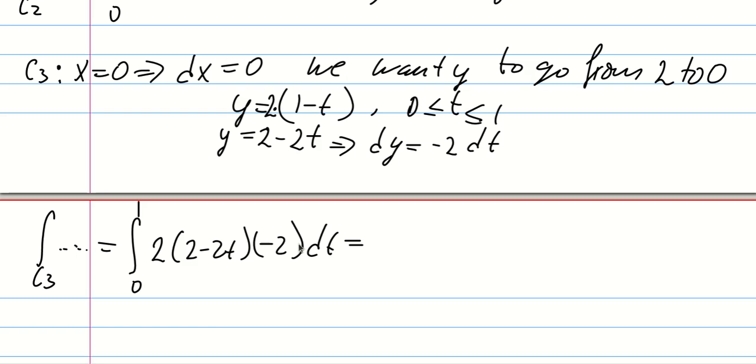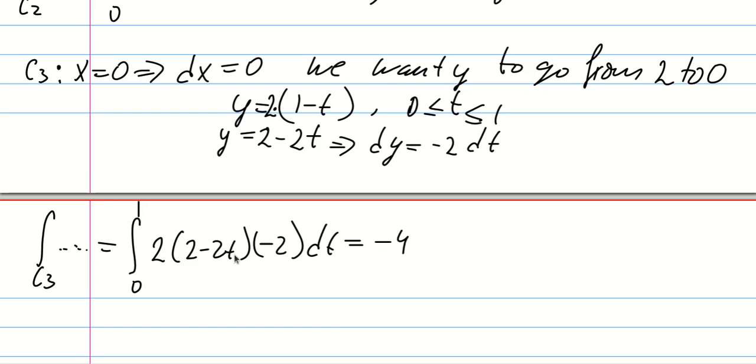That means we have negative 4, which is 2 times negative 2, and then we have to find the antiderivative of 2 minus 2t.